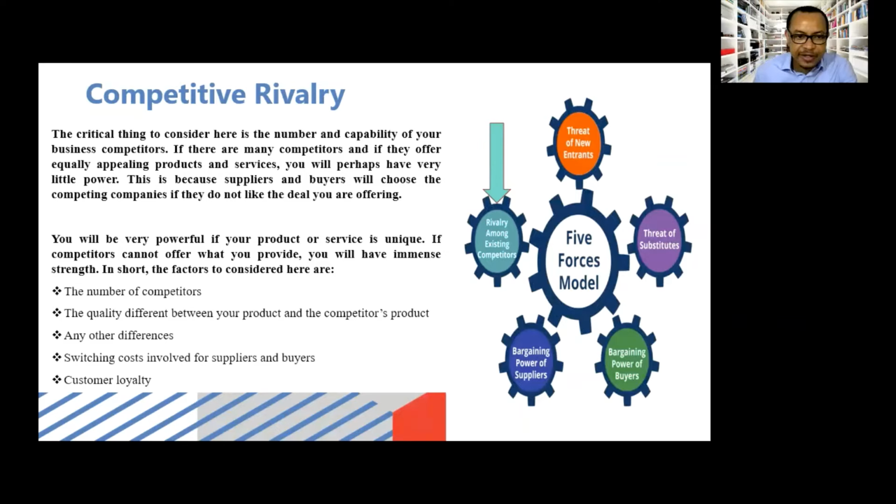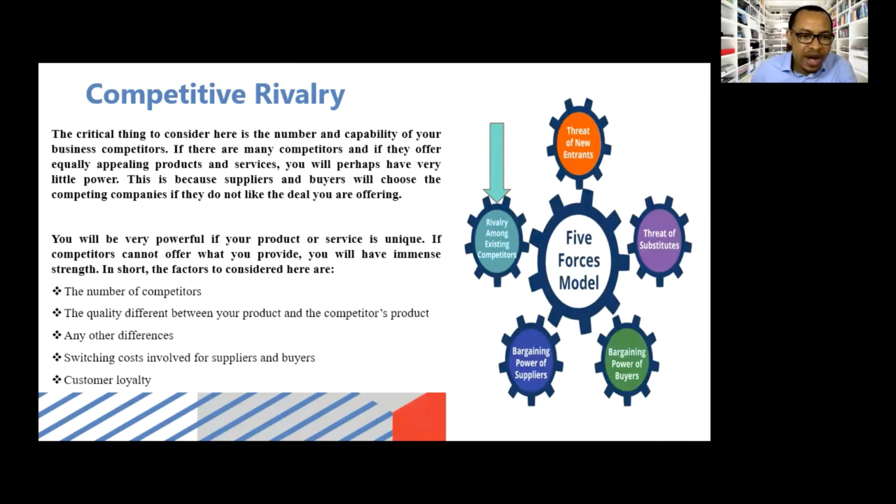In that case, suppliers and buyers can easily switch to other competitors if they don't like the deal that you are offering them. But your power will be very, very high if your product or your service is unique, and if the competitors cannot offer what you are offering to your customers or your buyers.